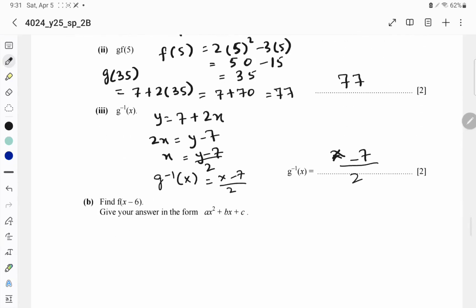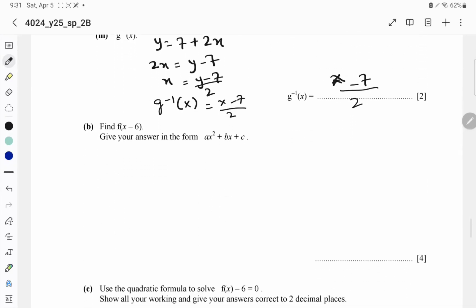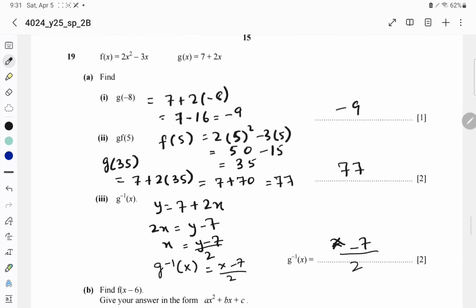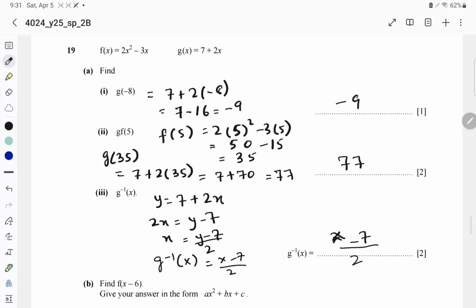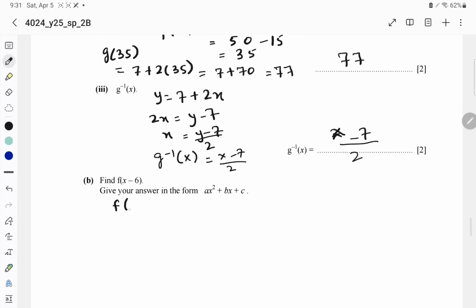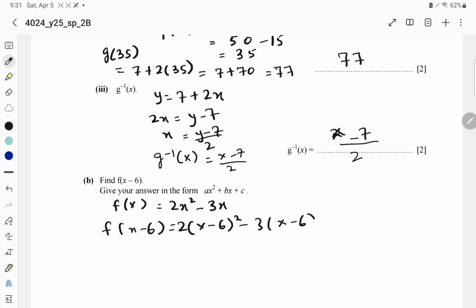Alright. Now the next part, find f of x minus 6. So we have to substitute x minus 6 in our function f, and we have to make the quadratic equation. F of x is 2x squared minus 3x. F of x minus 6 is equal to 2(x minus 6) squared minus 3(x minus 6).